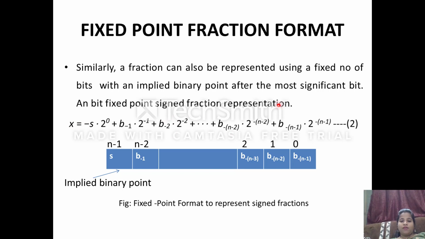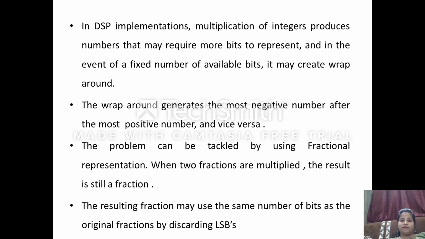It is given as x equal to minus s into 2 power of 0 plus b1 into 2 power of minus 1 plus b2 into 2 power of minus 2 plus, and so on, up to b(n minus 1) into 2 power of minus (n minus 1). This is how signed fractions are represented in fixed point.